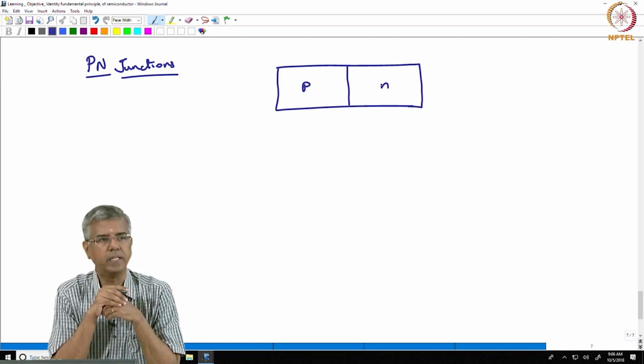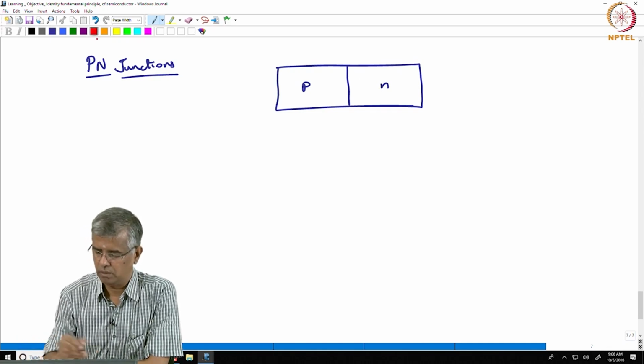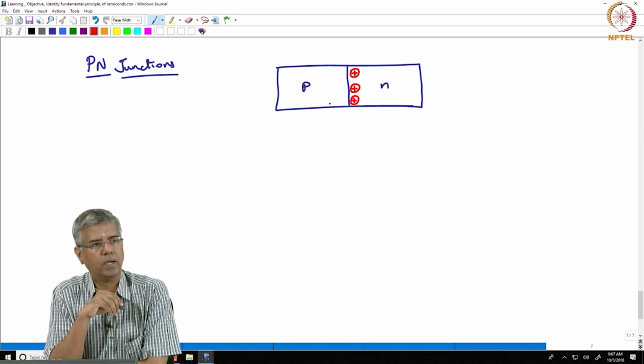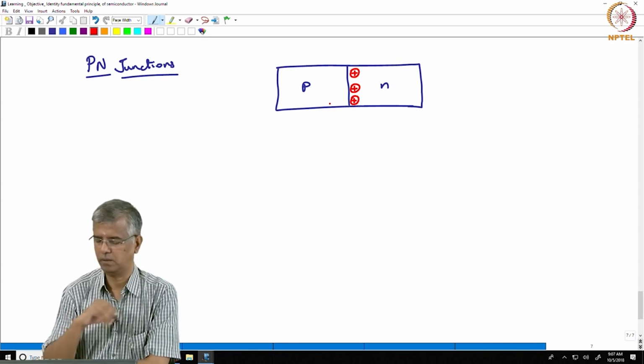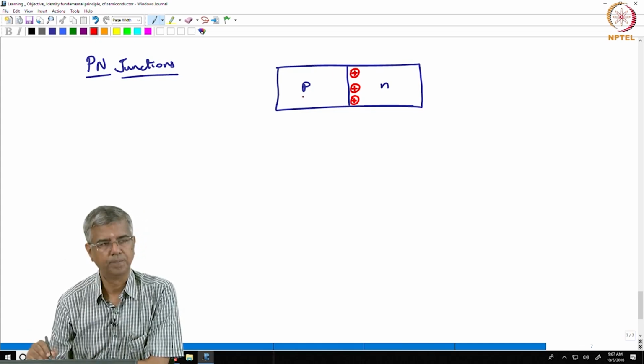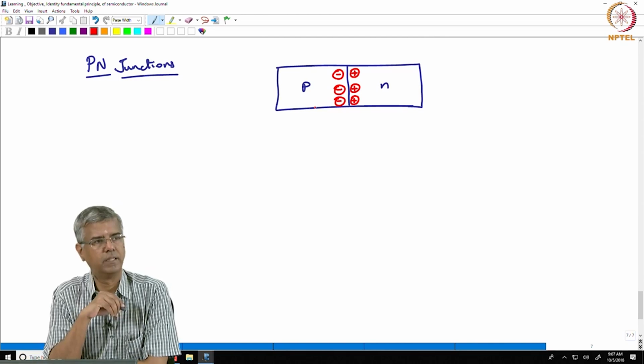So the moment you bring them together, you are going to have electrons leaving from the n-type semiconductor, and that leaves behind some fixed charges, positively charged ions. And similarly, when the holes leave from the p side to the n side, that is going to leave behind fixed negative charges.